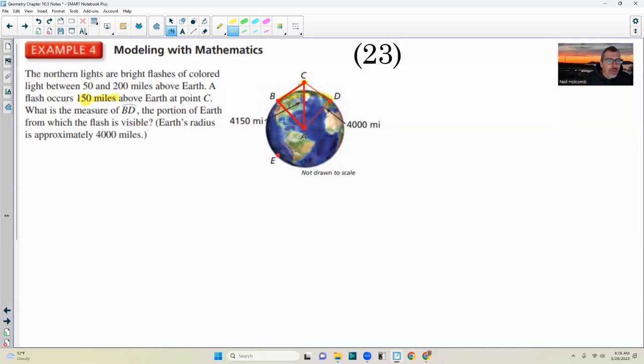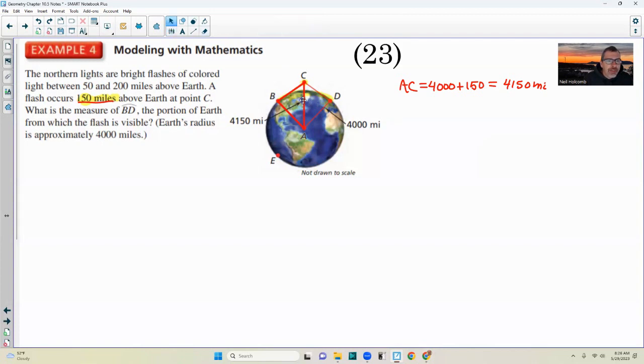Now I know the length of AC: 4,000 miles plus the distance above the Earth the flash occurred. So AC is 4,150 miles. That's the first thing.